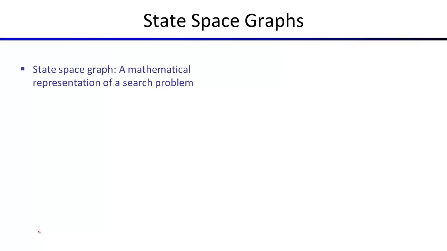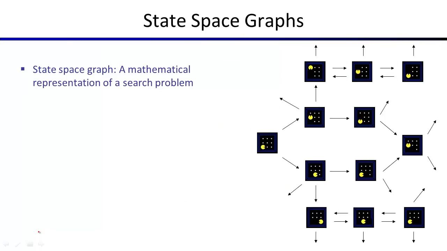So a state space graph is a mathematical representation of the search problem. So let's say this were our start state. The state space graph, which continues up here, by the way, encodes the connectivity between the states. Every state in our search problem will appear only once in the state space graph.